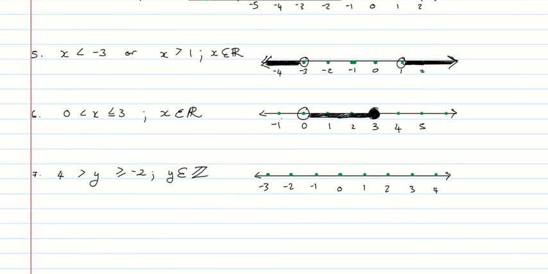Here they say y is an element of Z, so that's all integers, but it has to be less than 4 but greater than or equal to -2, and then -2 needs to be included. So I just draw a line by 4, and then I draw everything that's between. So here I need to color in that dot because it's only integers. The Z tells me that it's only whole integers, meaning whole numbers, positives as well as negatives, and that's how we do that.